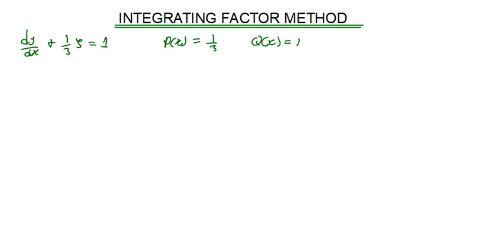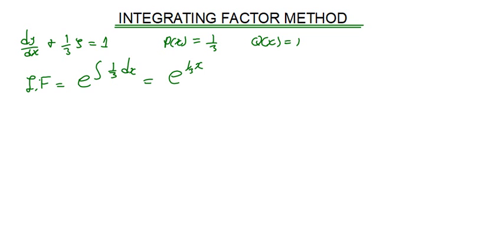So in this case, my integrating factor will be equal to e to the power of the integral of p of x, which is 1 over 3, dx. How is that going to be? That will be e to the power 1 over 3 x when we integrate.